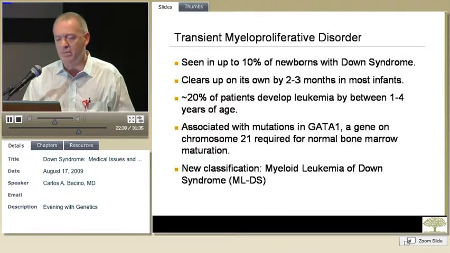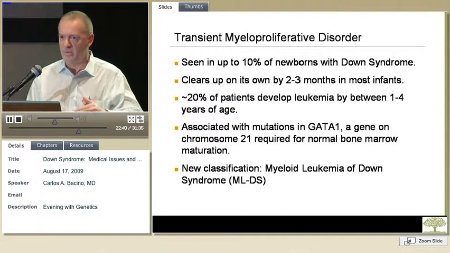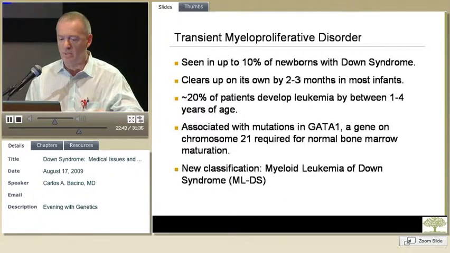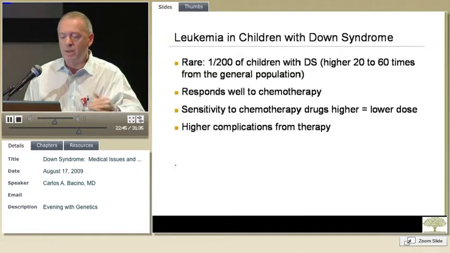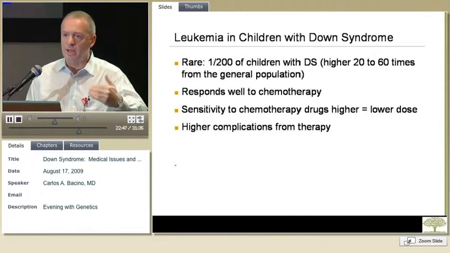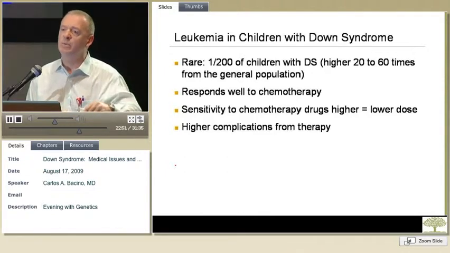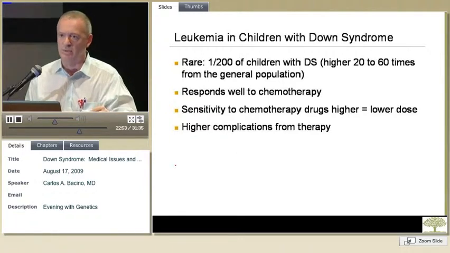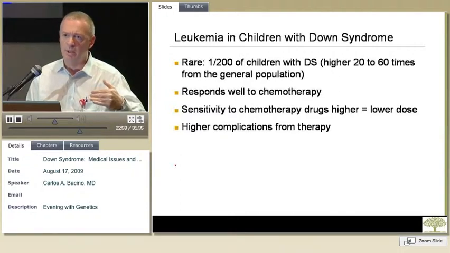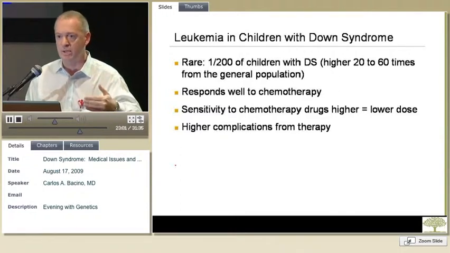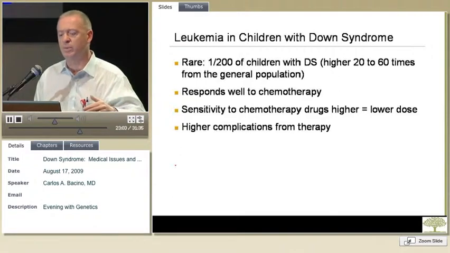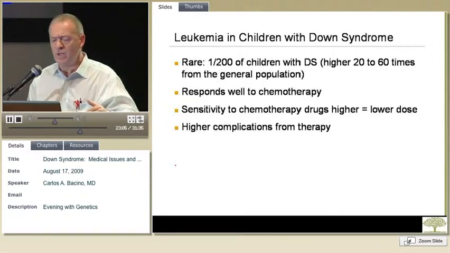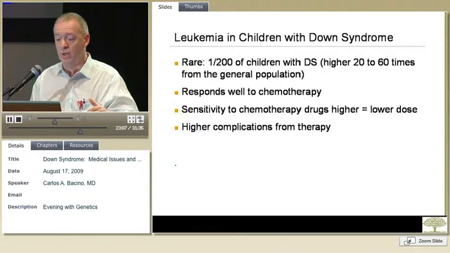But again, the majority of times, this is something that will go away. Some of these children will end up having leukemia, but it's only 1 out of 200 children with Down syndrome. Even though this is much higher than in the general population, it is still only 1 in 200.